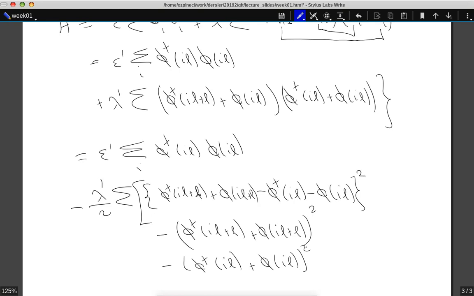Basically, when I take the square of this thing, there is this term squared, and I am subtracting it. There is this term squared, and I'm also subtracting that one. There is minus twice the product of those two terms. That is the term that I want over there. So that's why I have the minus lambda prime over 2.